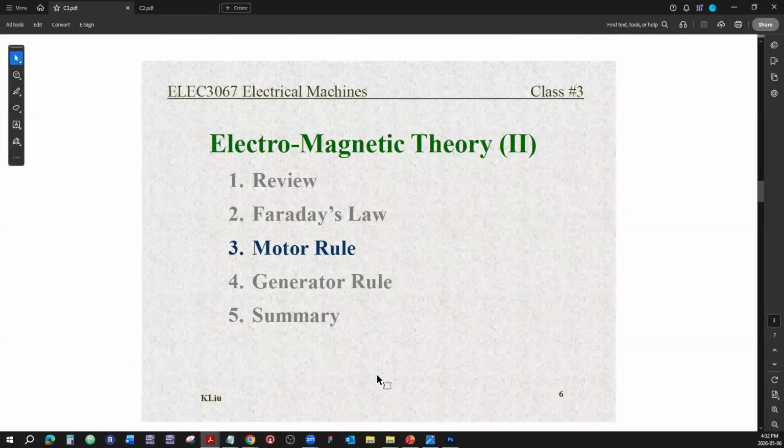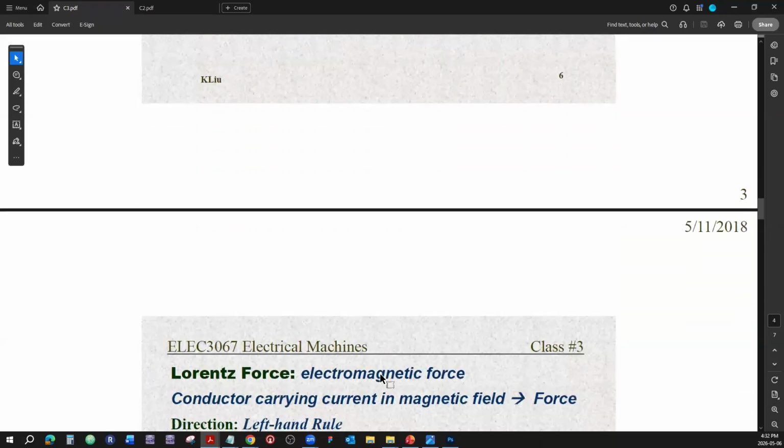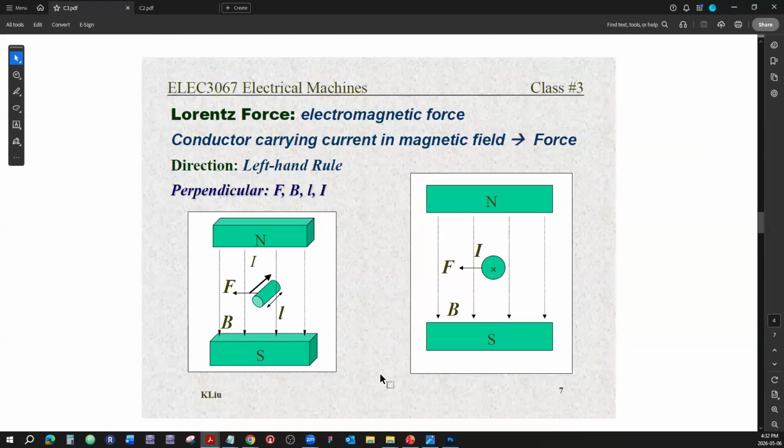The motor rule. What's happening with the motors? Lorentz force, electromagnetic force. Conductor carrying current. So now we have the scenario of a magnetic field that goes from north to south right here, and we have a conductor in which current flows.